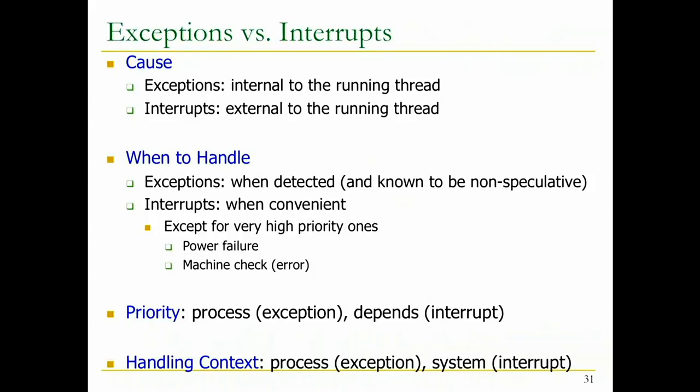Basically, when to handle means when do you actually start doing something about it, right? When the power failure comes, you want to handle it not when convenient, but maybe immediately, right? Does that make sense? So the system needs to do something about it, perhaps.